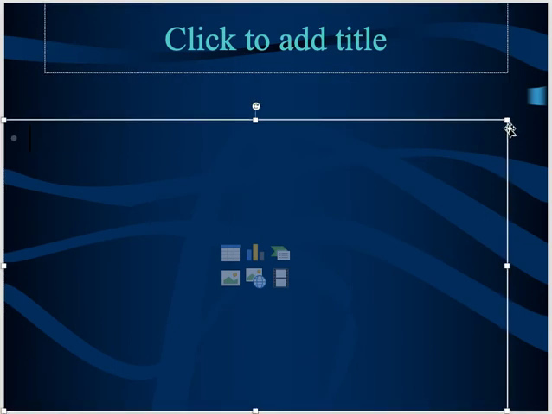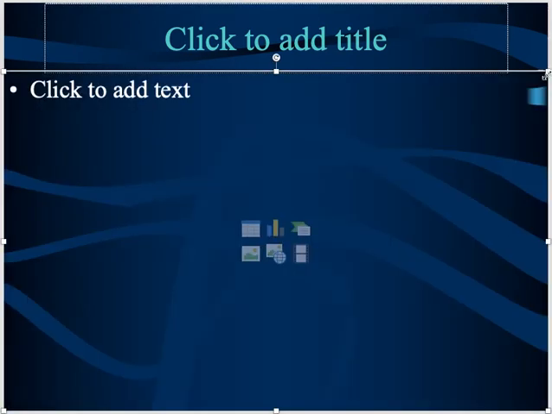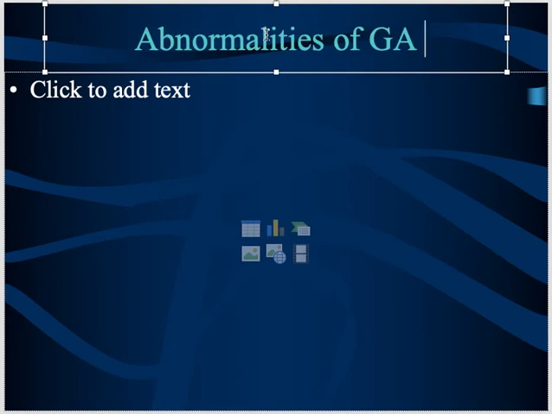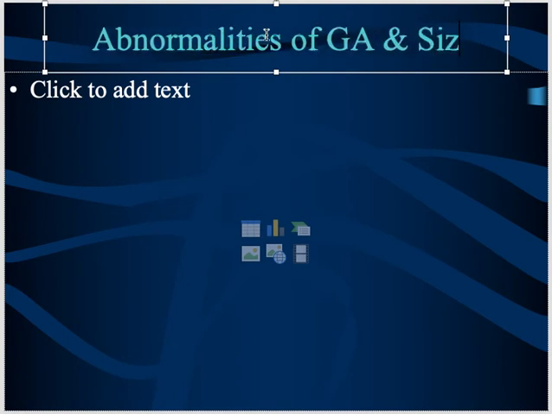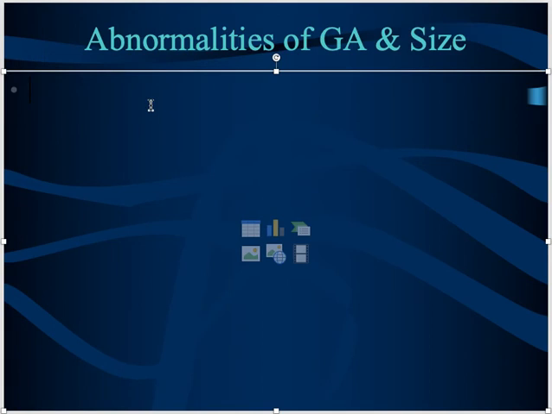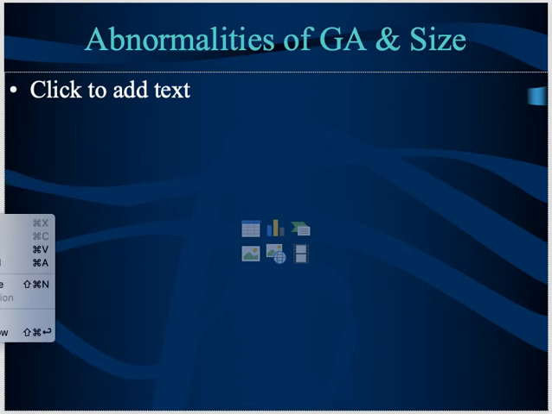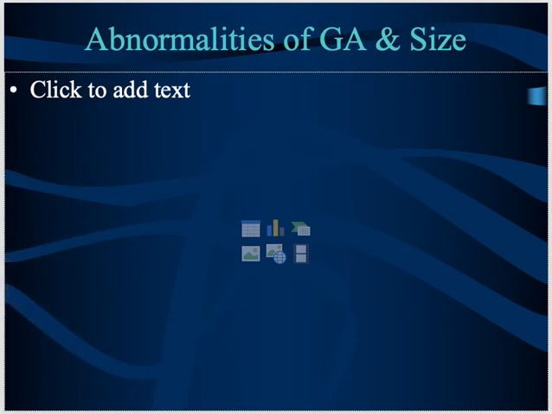So these are abnormalities of GA, gestational age, and size. Now in this one, see what are the things which we can face in these patients.